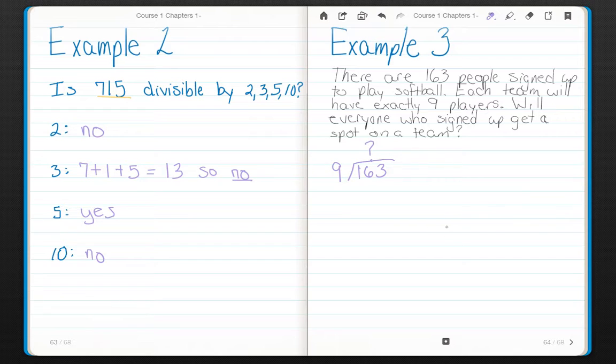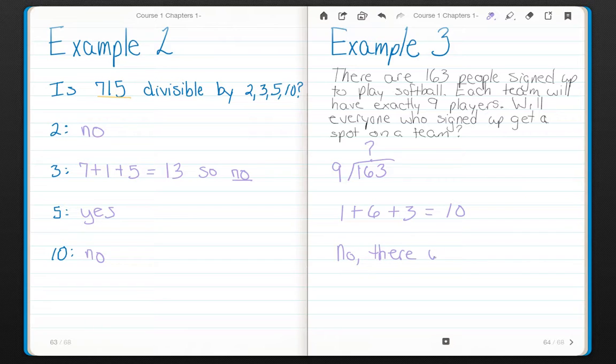But we're trying to use mental math. So instead, I'm going to use the divisibility rule for 9, which is very similar to 3. If I add the sum of the digits, and that sum is divisible by 9, the whole number is divisible by 9. But here my sum is 10, which is not divisible by 9, so no.